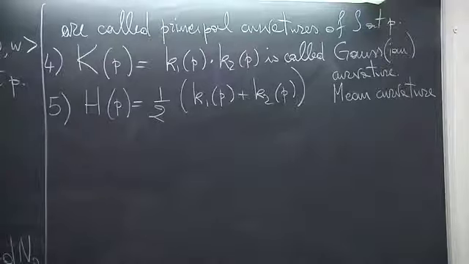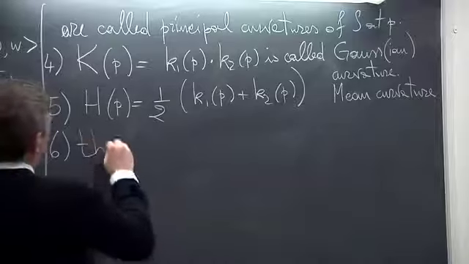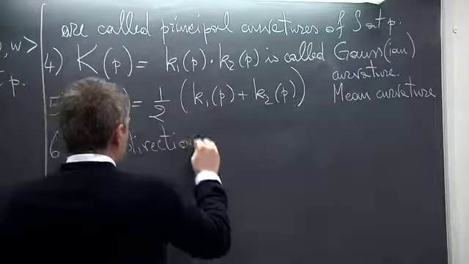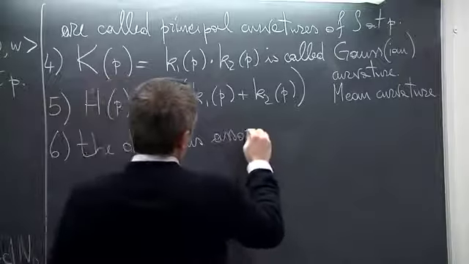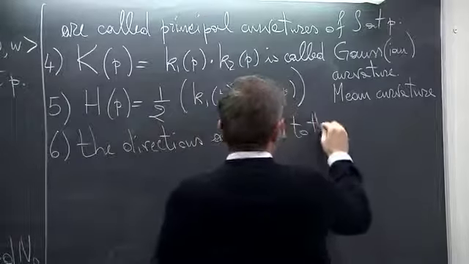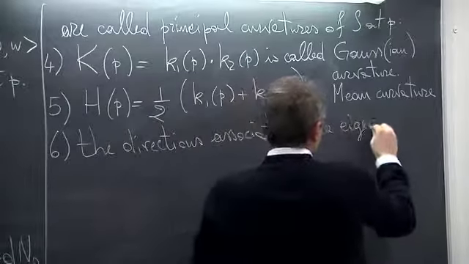And that's it about numbers, but now about vectors. We have to give names to some special directions. So the directions associated to the eigenvectors.